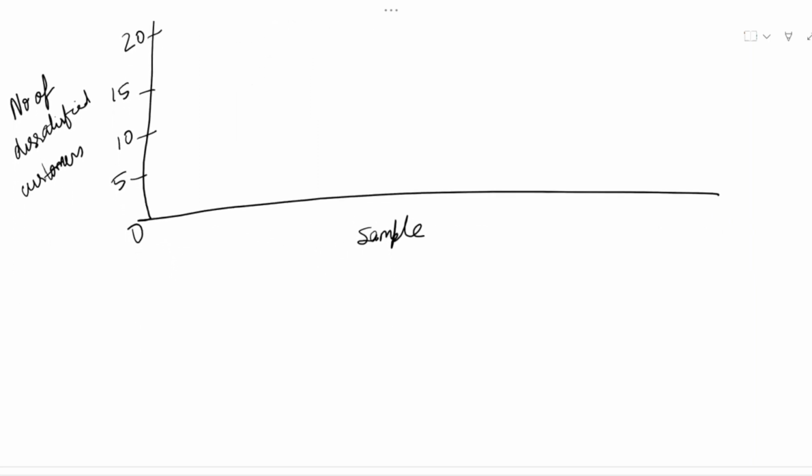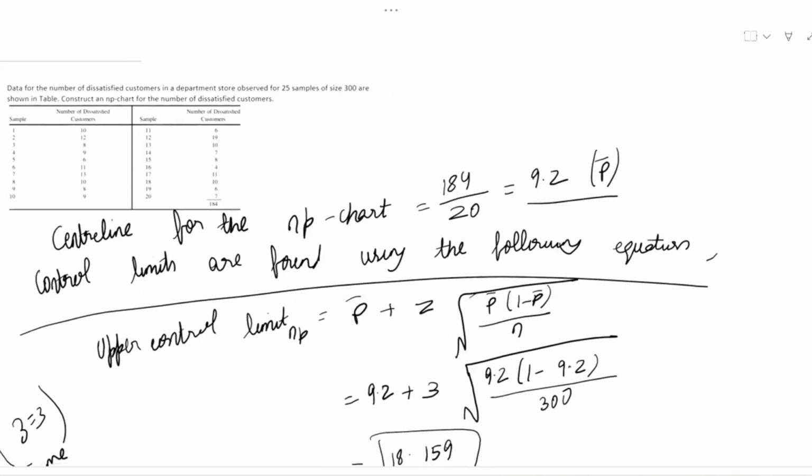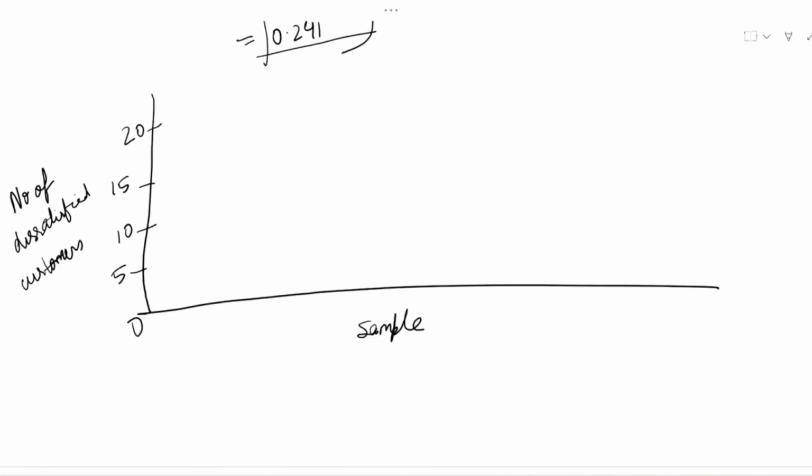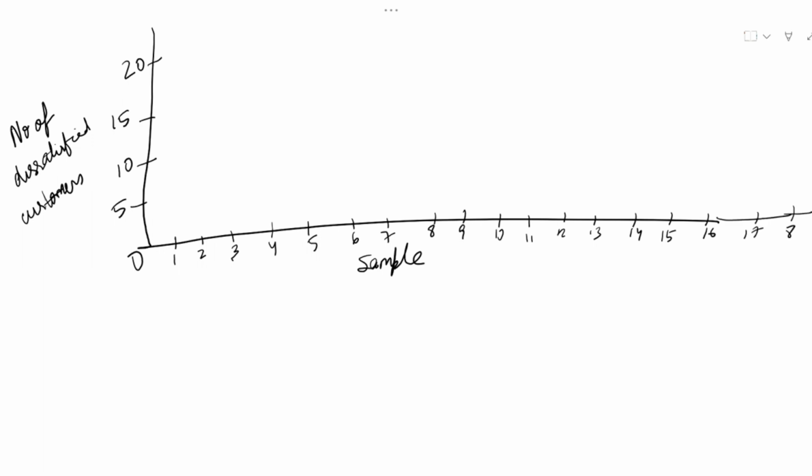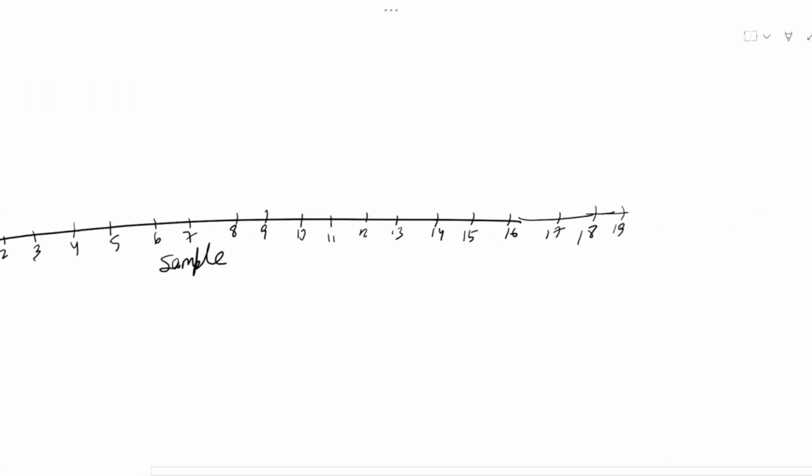Now the sample will go up to 20, as given. 1, 2, 3, 4, 5, 6, 7, 8, 9, 10, 11, 12, 13, 14, 15, 16, 17, 18, 19 and 20.